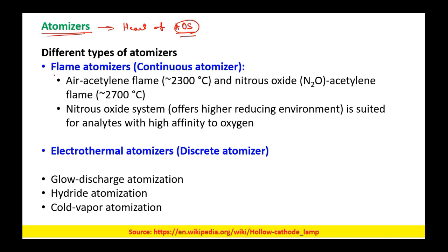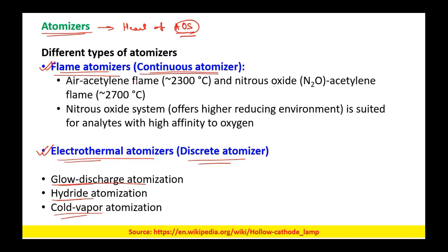They include the flame atomizers, which is basically a continuous atomizer. Then we have electrothermal atomizers, which is basically a discrete atomizer. Then we have glow discharge atomization, hydride atomization, and cold vapor atomization. However, under normal circumstances, flame atomizers and electrothermal atomizers are mostly used.